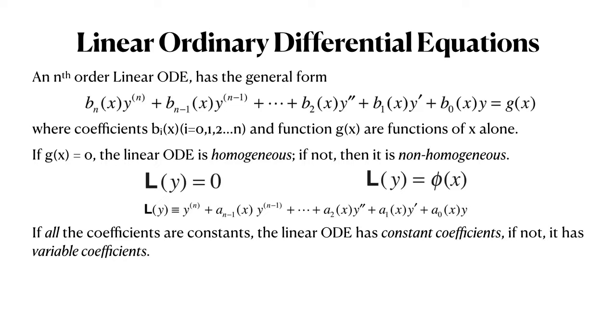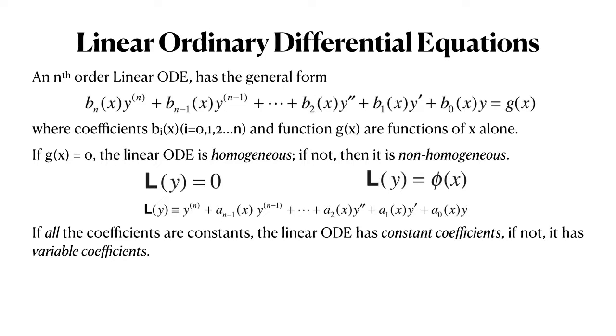L of y is equal to y to the nth prime plus so on and so forth, which would be equal to 0 if homogeneous, and if non-homogeneous, L of y would be equal to phi of x, where phi is equal to g of x over b n of x.